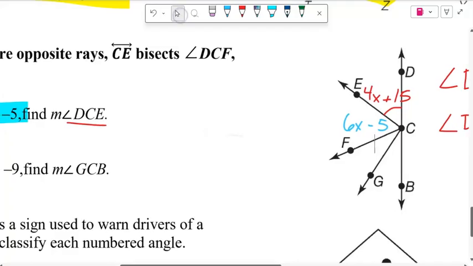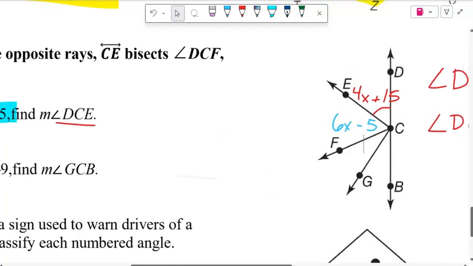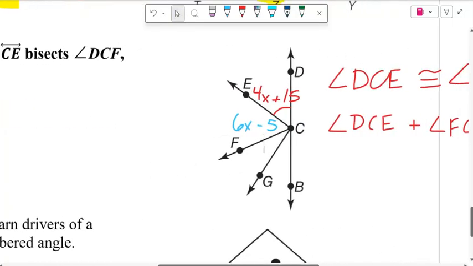And it asks us for the measure of angle DCE. Okay, so what did we just say we know about these two angles? They're congruent. So what does that mean? Yeah, their measures are equal.